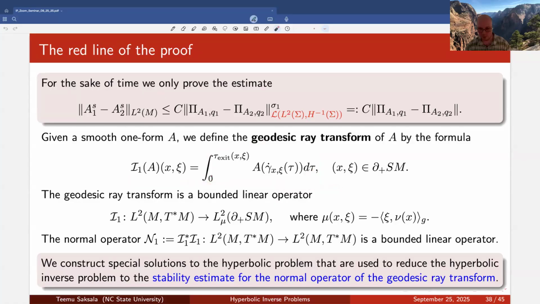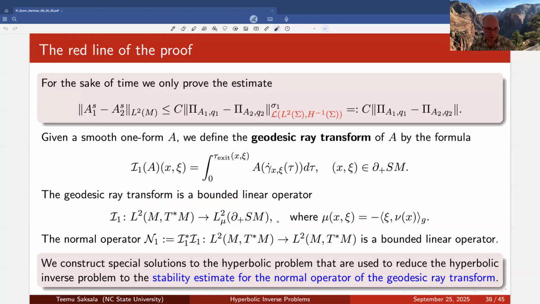What we get here is, if you read the book of Sharafutdinov, for instance, that this operator, a priori defined for smooth vector potentials, can actually be extended to L2 vector potentials. And this would be a bounded operator between these two L2 spaces, where this is the inward pointing sphere bundle on my boundary, where I need to put a weight here.